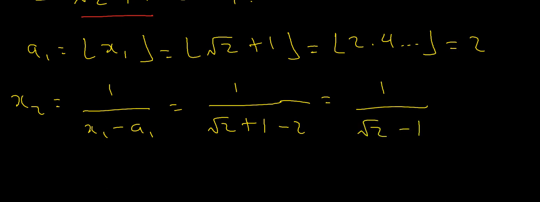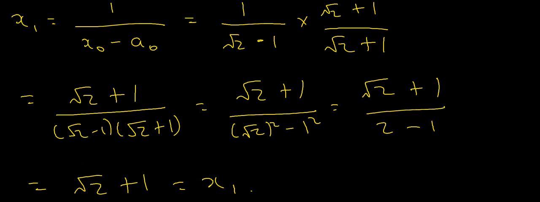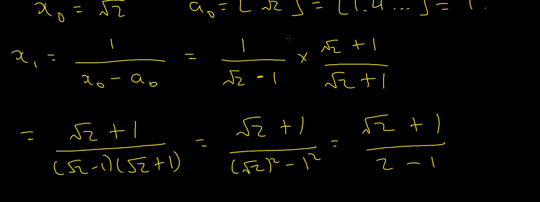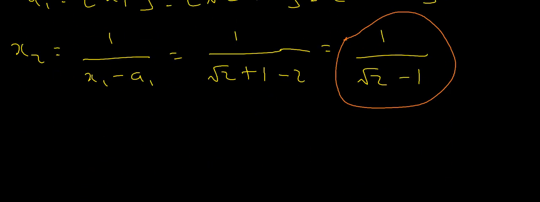But hang on a second. If I compare this value, 1 over root 2 minus 1, I've already encountered that value in my previous calculations. If I look at my calculation of x1, it was already equal to 1 over root 2 minus 1 before I started rationalizing the denominator. So what I've just shown is that x2 is also equal to x1.